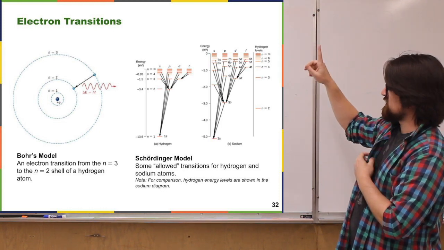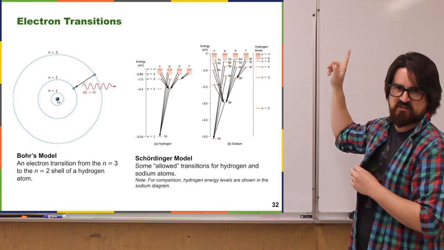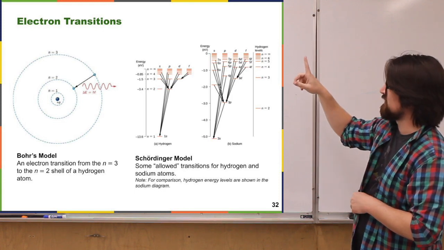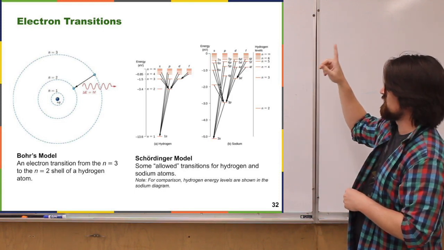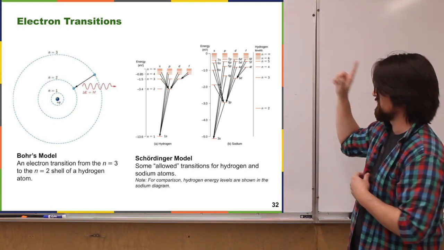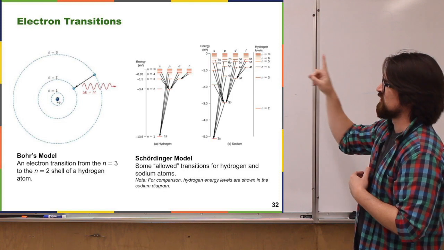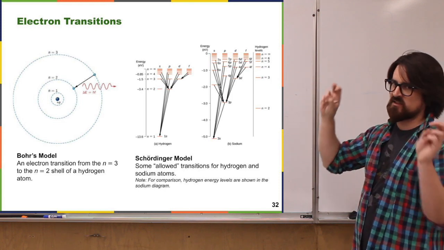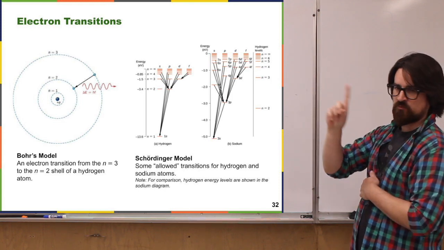So remember, these s, p, d, f are just enumerating different l's. s is l equals 0, p is l equals 1, d is l equals 2, f is l equals 3. So the allowed transitions in these diagrams are the ones that go one column left or right. And that's the allowed transition because l is changing by 1.